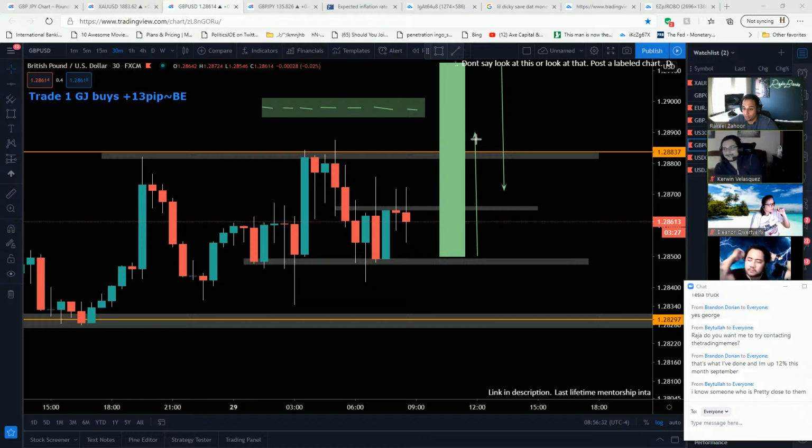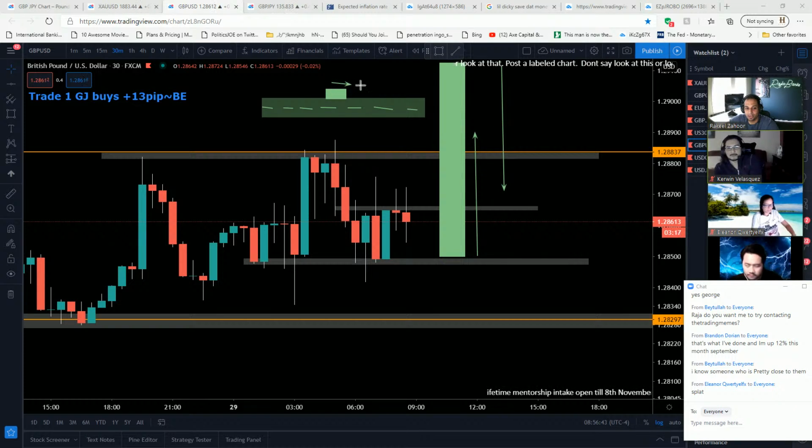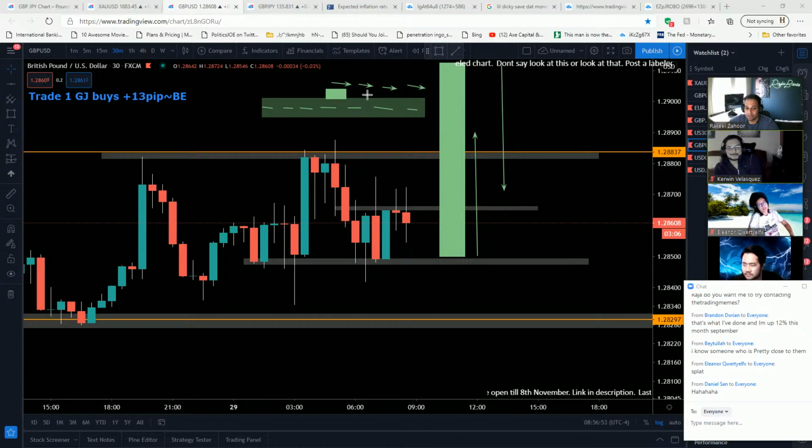So this is your little trade, slowly moving towards the train tracks, and the train is the NFP. You don't know whether it's coming from the left side or the right side, but you're moving towards that area.